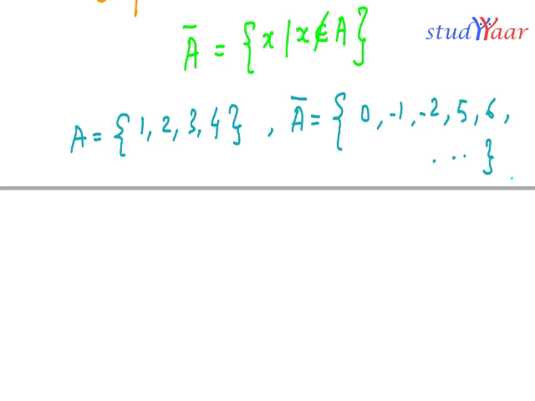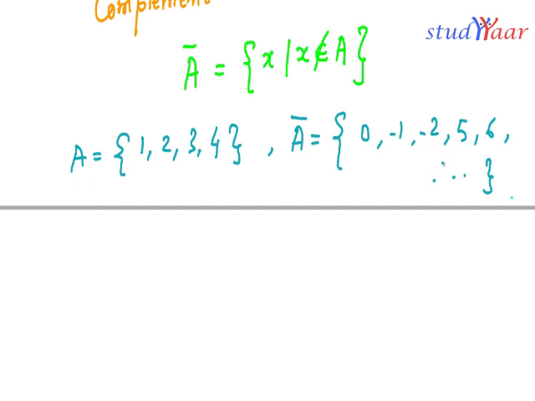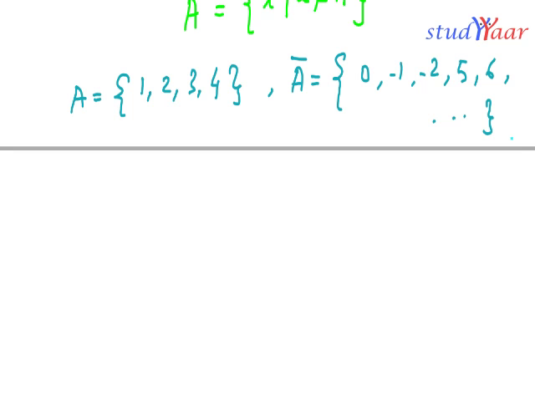If I define my universal set as the set of integers, then the complement of A has these elements. But if I define my universal set as the real numbers, then the complement of A is going to be something like 1.1, 1.2, 1.3, 0.1, 0.2, everything.